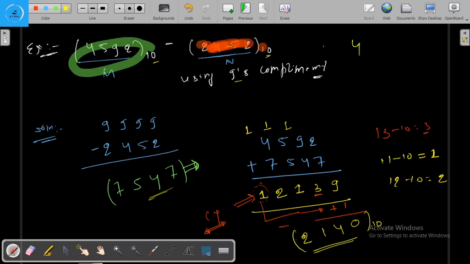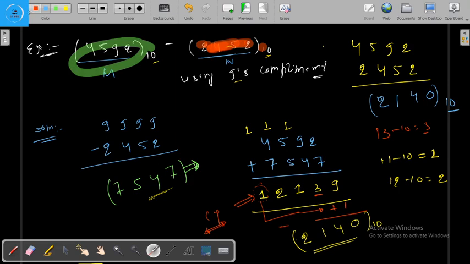Ok, simply we see 4592, what we have studied in our LKG UKG, 4592 minus 2452, what we are going to get here, 0, 4, 5 minus 4 is 1 and 2, 2140. Then we have got this in a single step. Okay, we have got it in the single step.